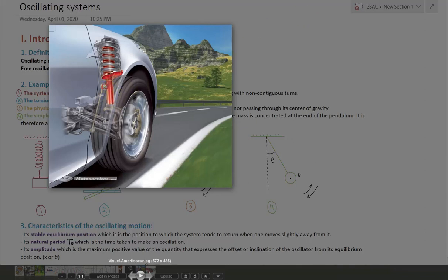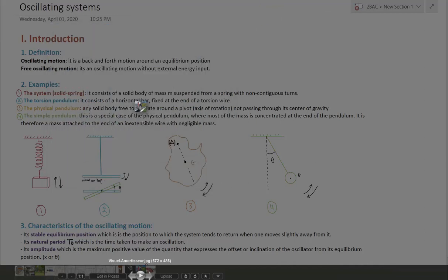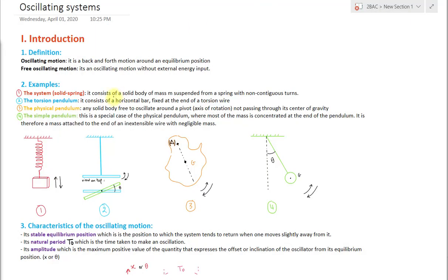Of course there are many other examples of oscillating systems, but in this course we are going to focus on four of them. The first one is the solid-spring system, which consists of a solid body of mass m suspended from a spring with non-contiguous turns.